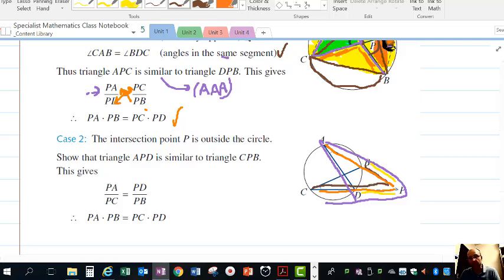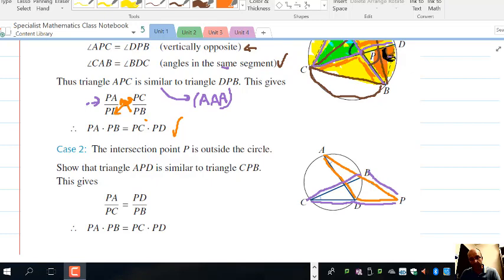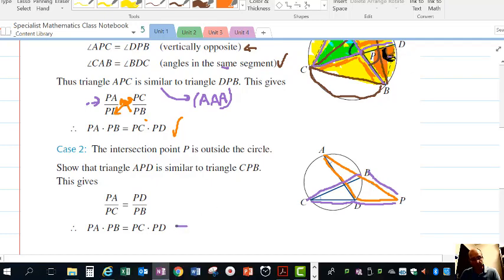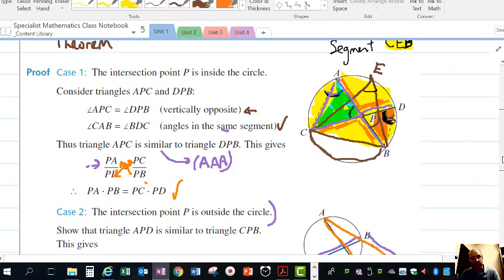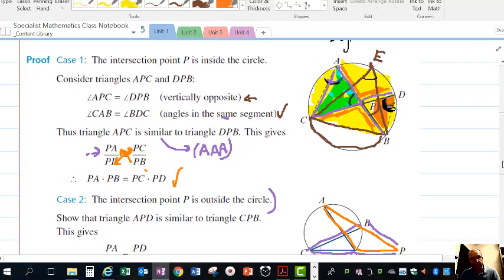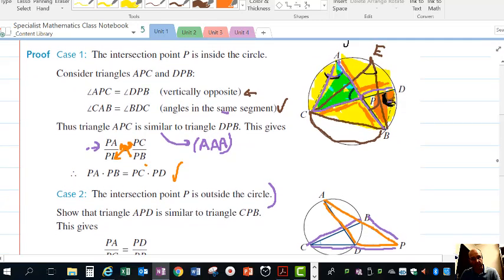I think I'll just clean that up. So I've traced those in, and we rearrange and can basically do what we did above. So you'll probably need to go back and have a look at the steps that weren't shown there, but they are in the same vein as case 1. You'll need to go through those and find angles that are the same.